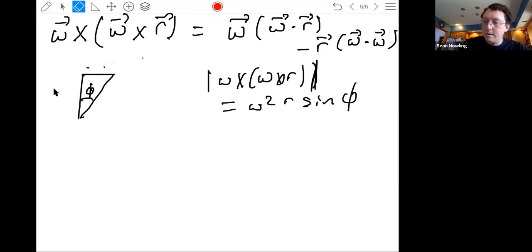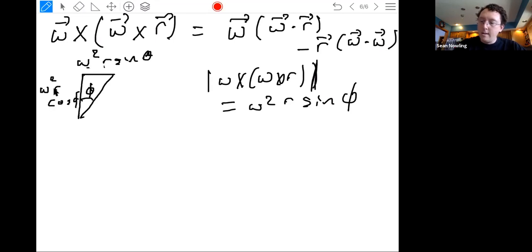All right. And then, well, okay, this is opposite phi, so I immediately see how to work out the adjacent side. The adjacent side would be omega squared r cos phi, and then on the hypotenuse you would have omega squared r.